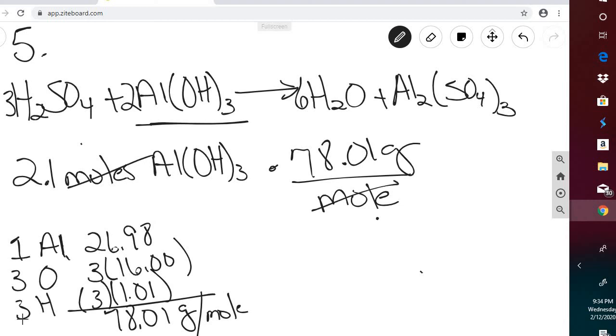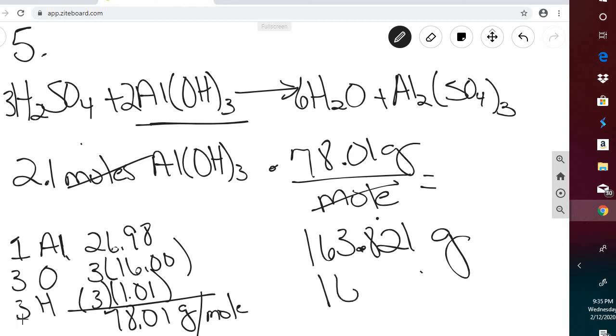So 2.1 times 78.01 will give you 163.821 grams. However, we can have just 2 significant figures, so that would become 160 grams of aluminum hydroxide.